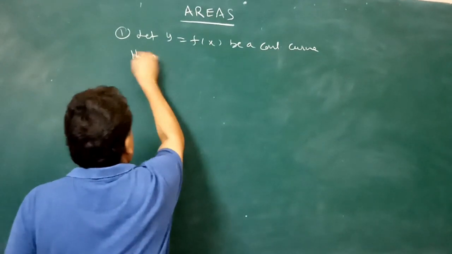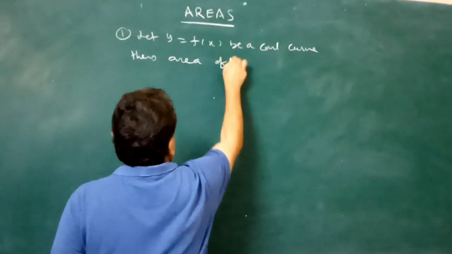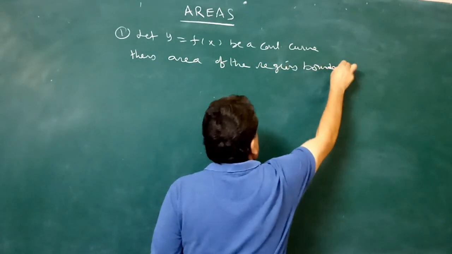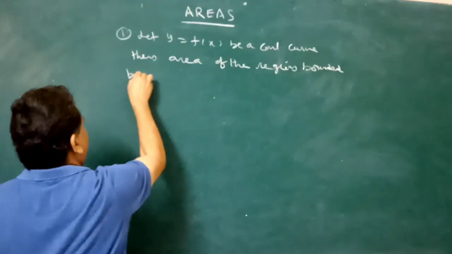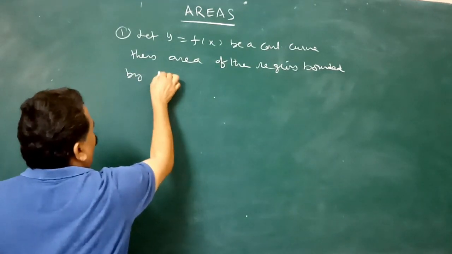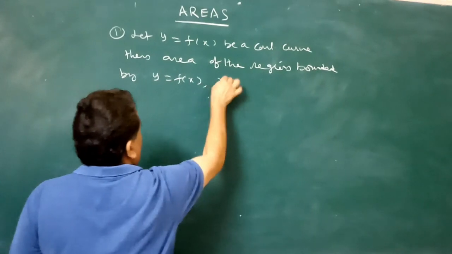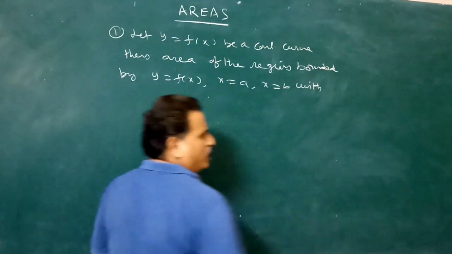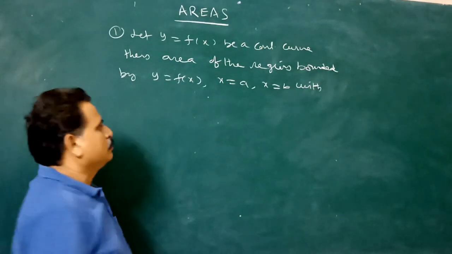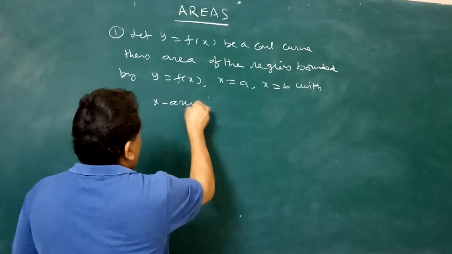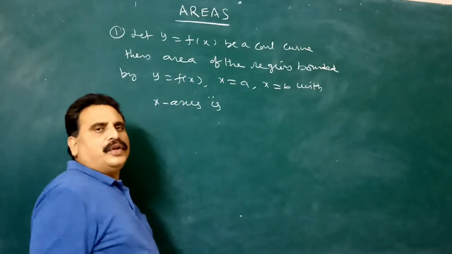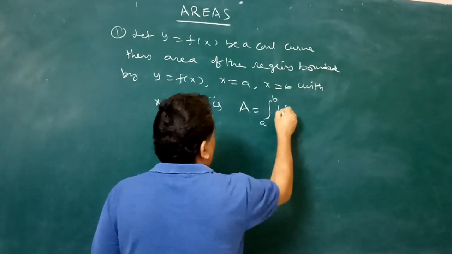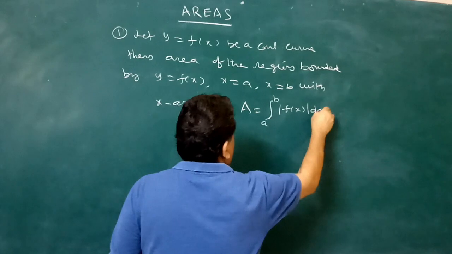Then the area of the region bounded by y equal to f of x, x equal to a, x equal to b, with the x-axis is denoted by capital A, that is equal to integral a to b mod f of x dx.